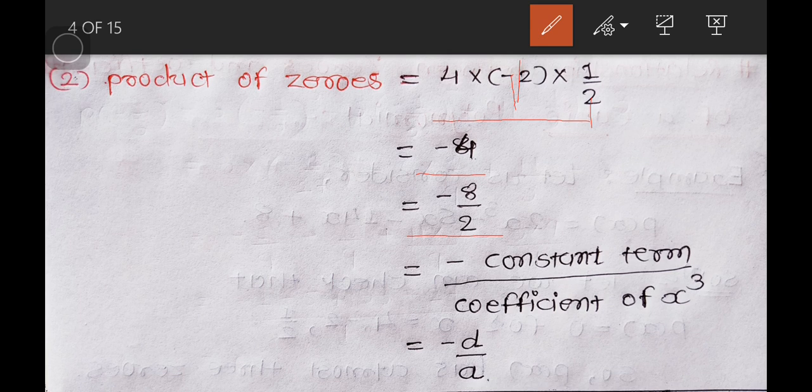So the product of zeros is equal to minus constant term divided by coefficient of x cube, that is minus d by a. This is the second relationship between zeros and coefficients of a cubic polynomial.